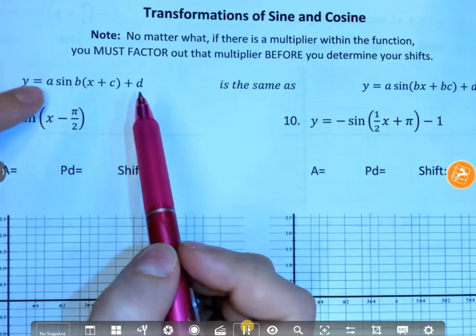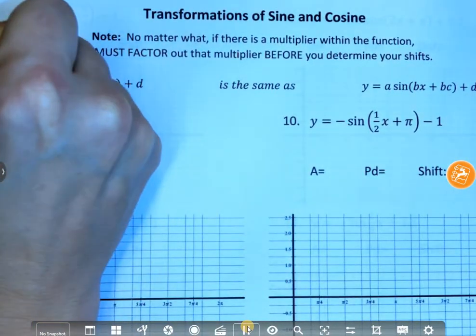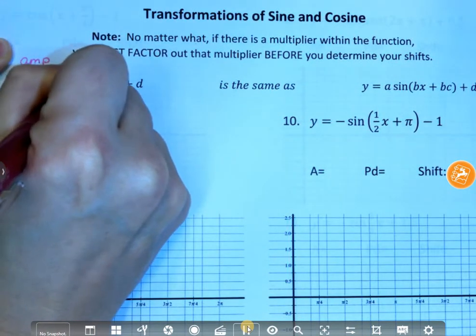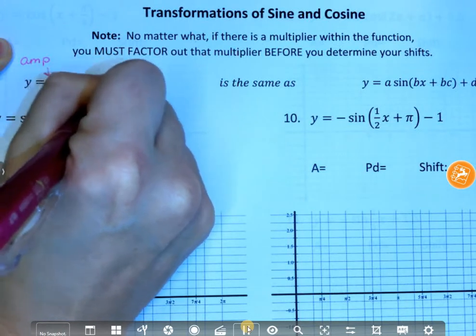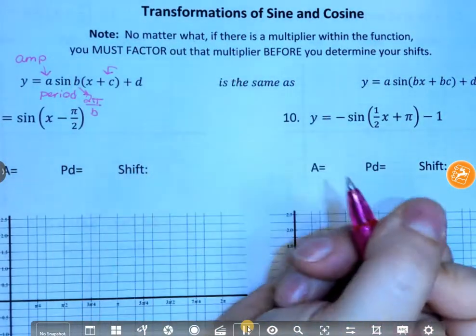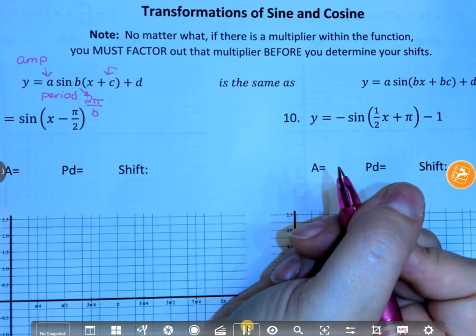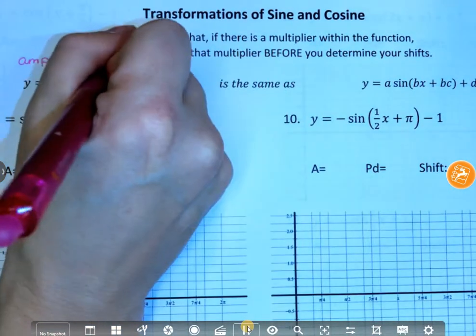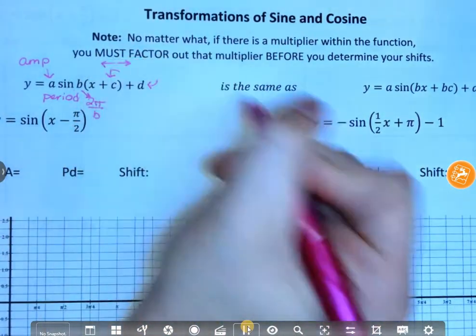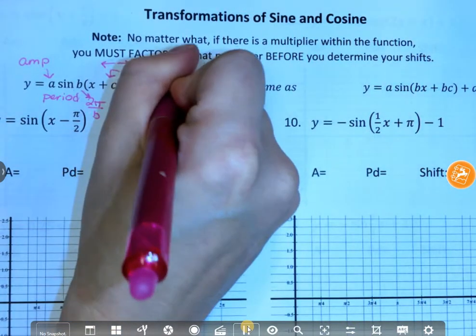So when you see something like this, this is good. This is my amplitude. My period is 2 pi over b. So that's that. Inside the parenthesis moves you which direction? Left to right. And it's the opposite, correct? And outside the parenthesis is up and down.